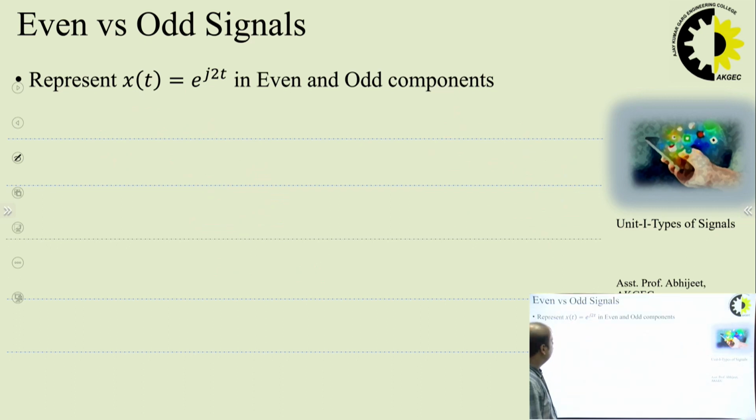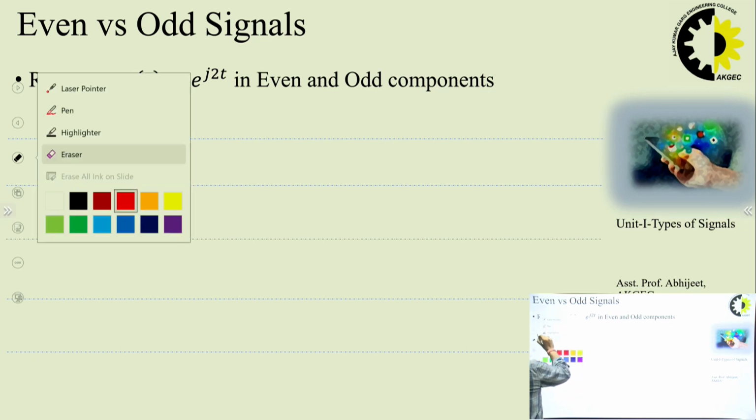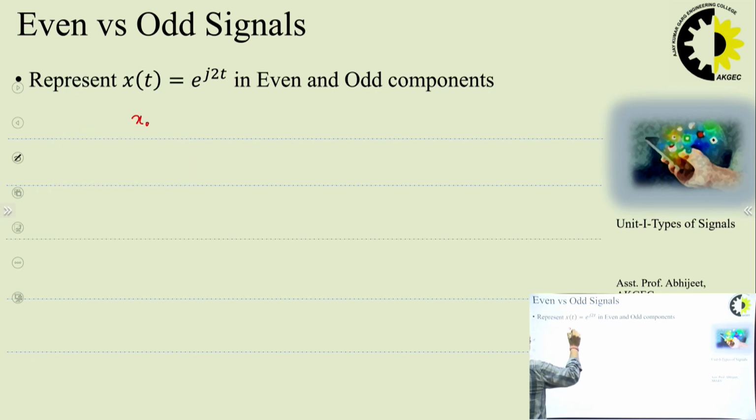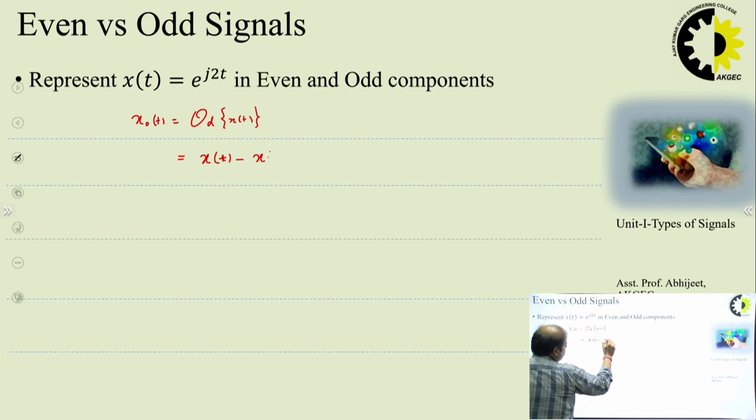We can also formulate the odd part. So xo of t, which will be the odd part of x of t, will be defined as x of t minus x of minus t upon 2.